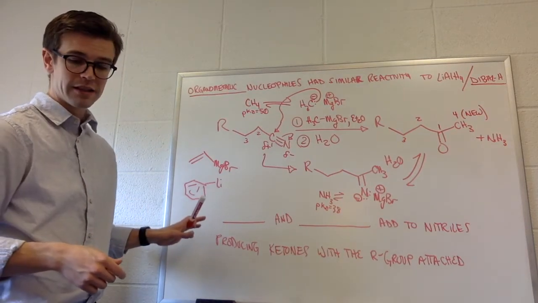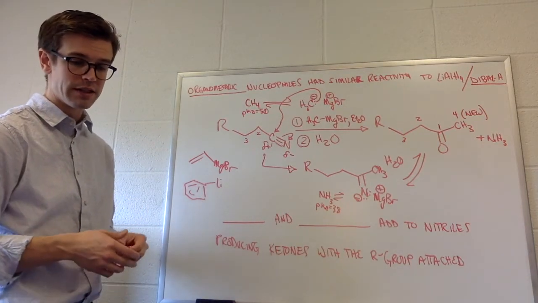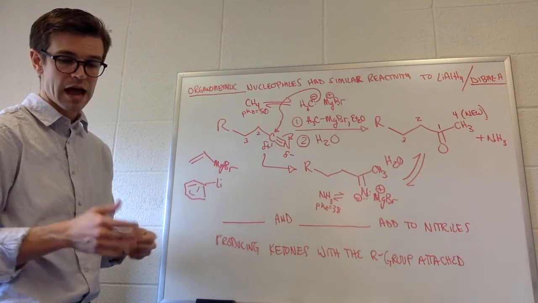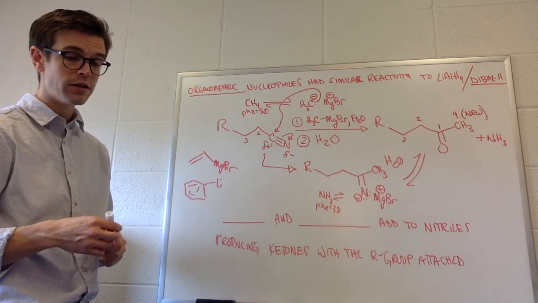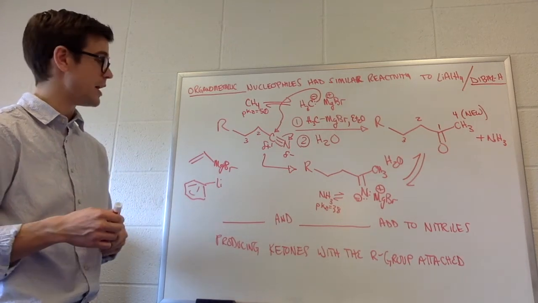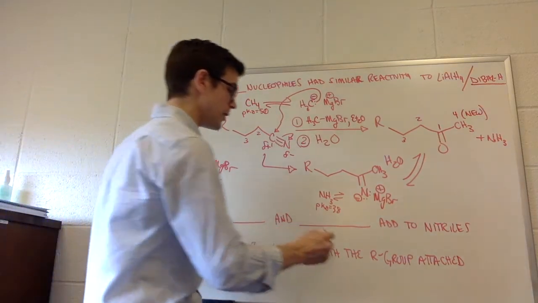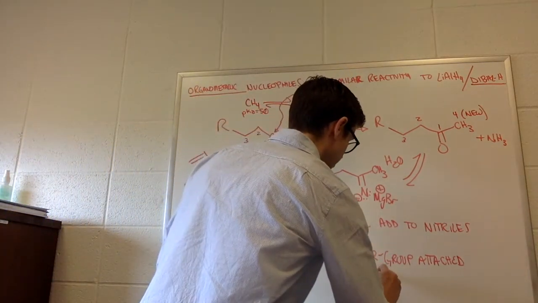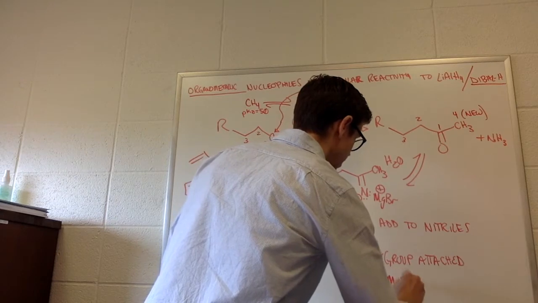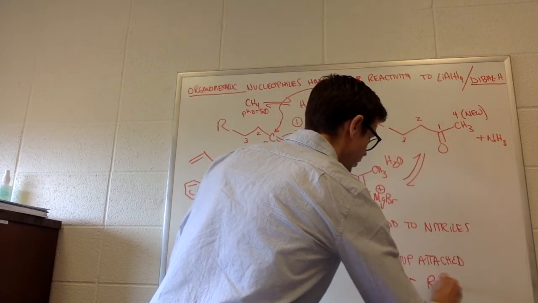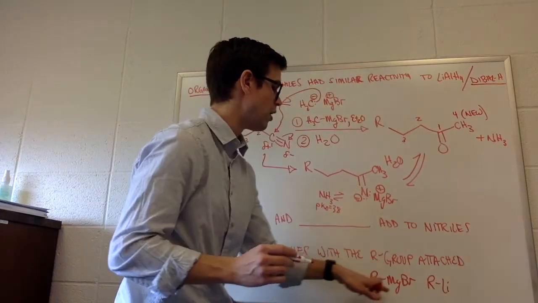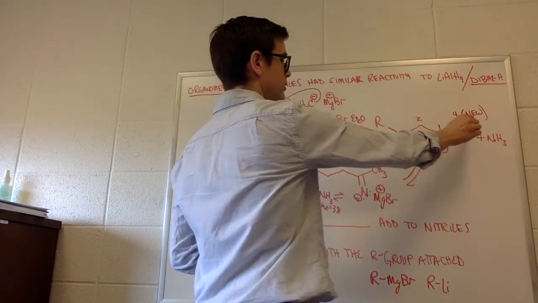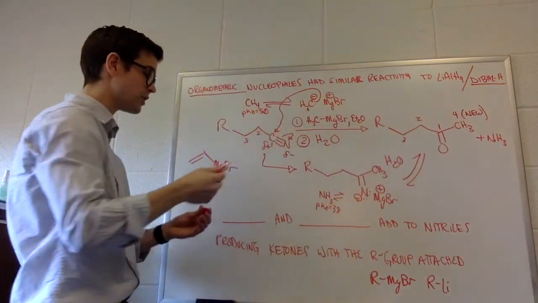Lastly, we'll fill in our blanks on page 17. Blank and blank add to nitriles, producing ketones with the R group attached. What do I mean by R group? As far as R-MgBr or R-lithiate, that R is what is being attached right here. In this case, the R would be the CH3.